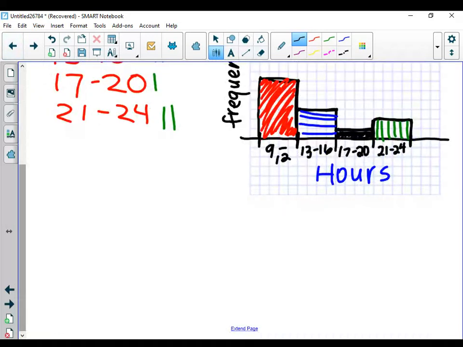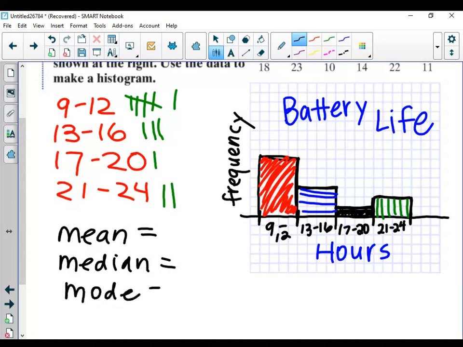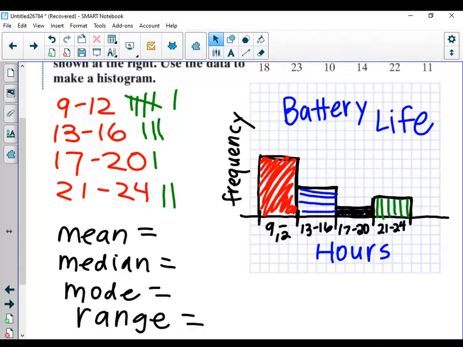One other way we could interpret it, if we go back to our battery life one, they could ask us to find... are you ready for our favorite words? Some people might choose to use the histogram part.